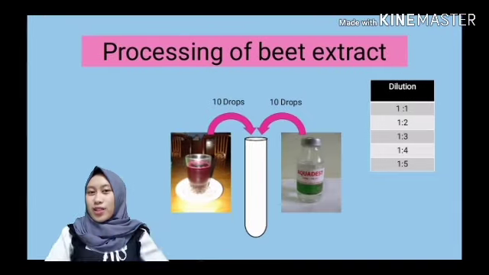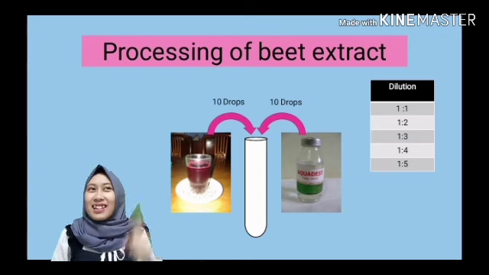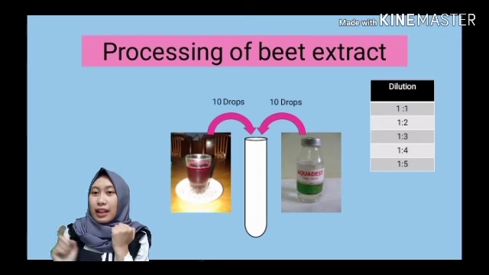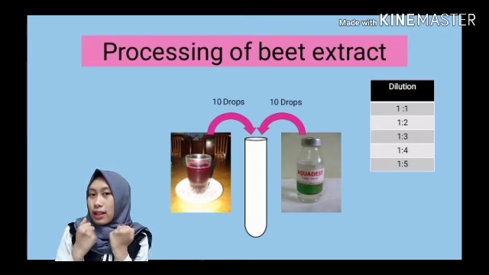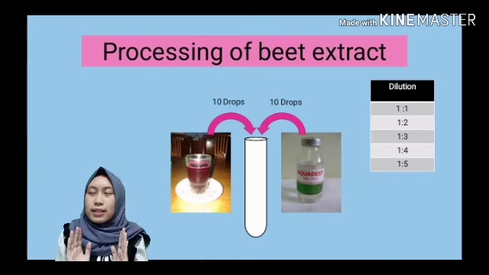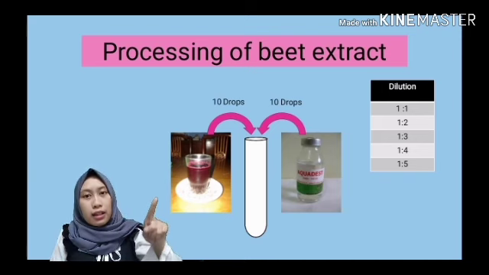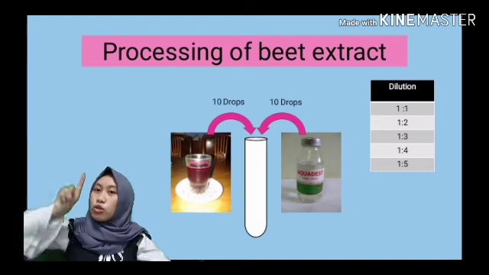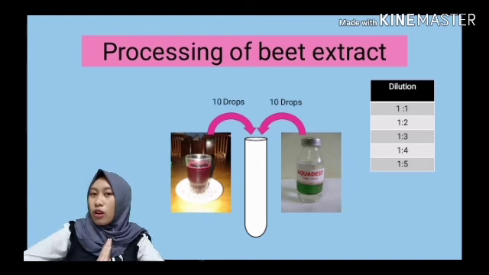Okay, next, processing the beet extract. Drop 10 drops of beet extract and 10 drops of distilled water. After that, homogenize, then dilute again with ratios of 1:1, 1:2, 1:3, 1:4, and 1:5.